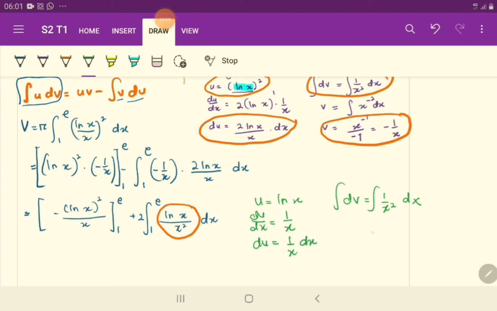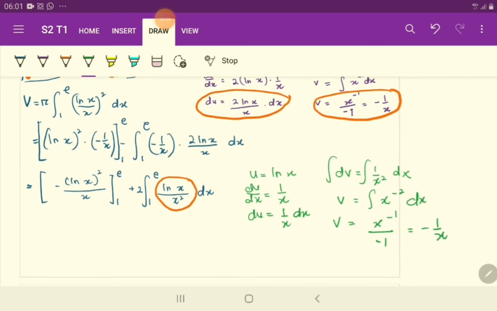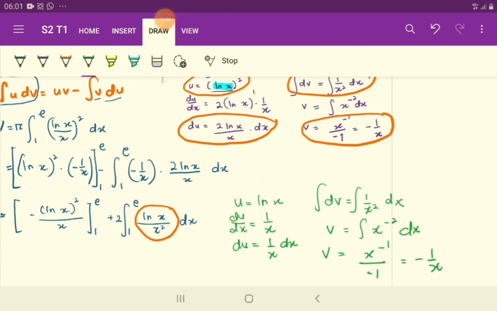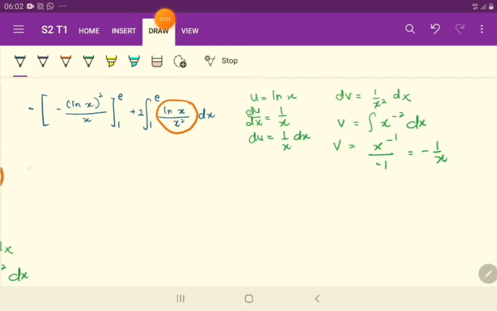Then integrating both sides, v equals the integral of x negative 2 dx, which is x negative 1 over negative 1, which is negative 1 over x again. I will substitute into this formula. The first part over here we just copy together with the number 2.